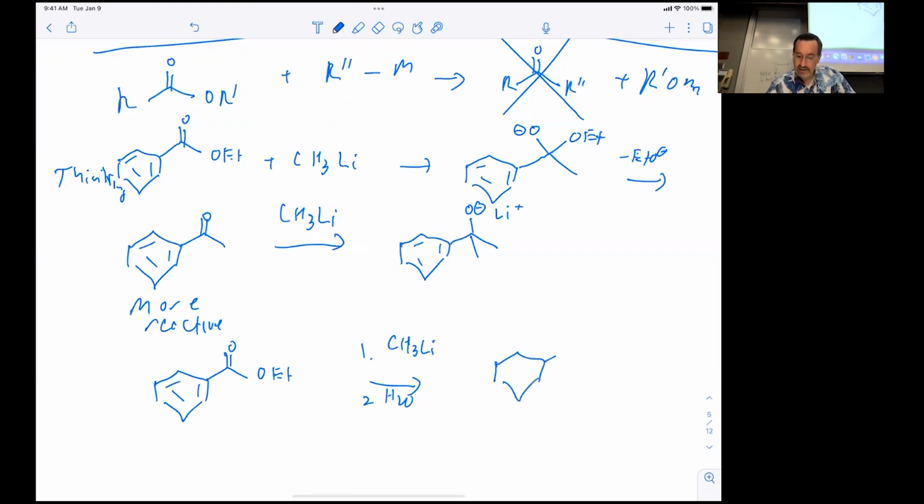The best way of thinking might be, okay, I'm going to generate the corresponding alcohol. And if I'm a good person, organic chemists often end up ignoring byproducts of reaction. If I'm a good person, I will also think my way through and say the other byproduct of reaction is ethanol.